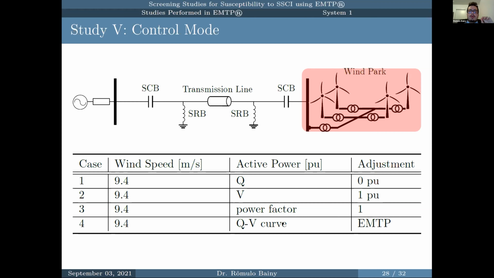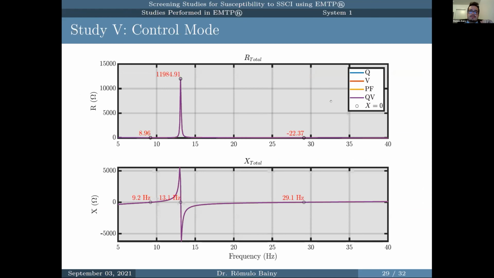So all these 4 models already implement these 4 control modes in our wind park model available in EMTP, and you can just change them and also set the adjustments that you want. And you also have a few other customizations you can do for those control modes.